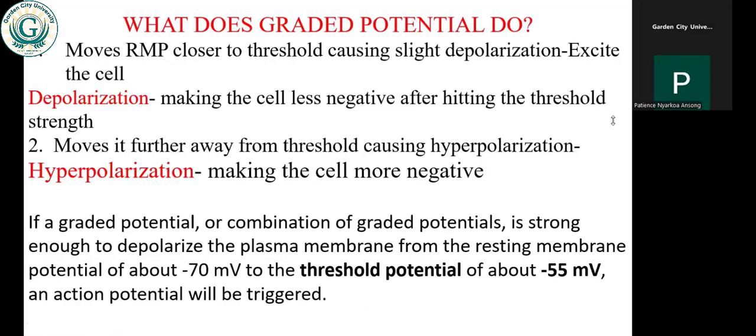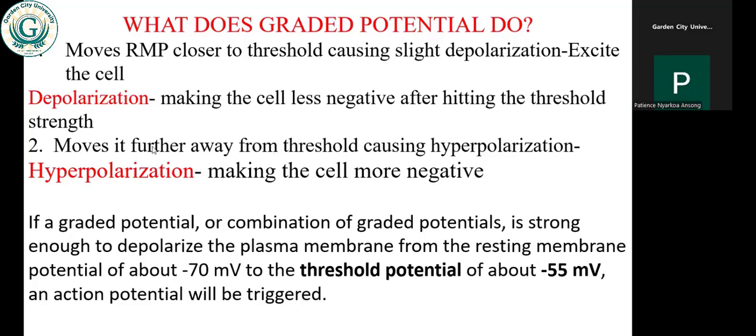So what does graded potential do? It moves the resting membrane potential closer to a threshold for transmission across the axon. So depolarization is making the inside of the cell less negative, towards a positive value after hitting the threshold.